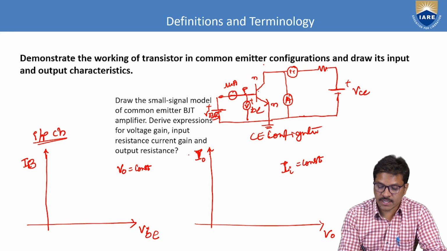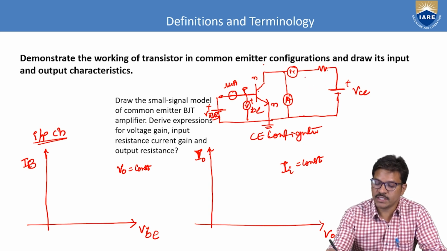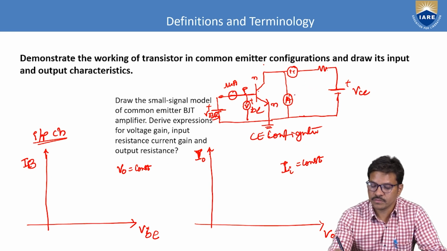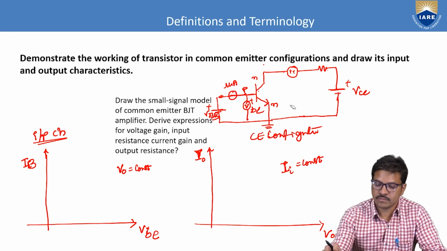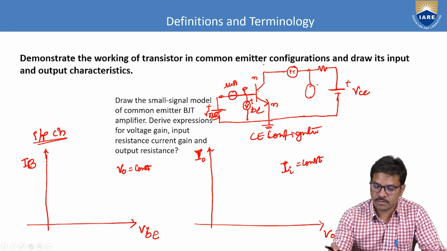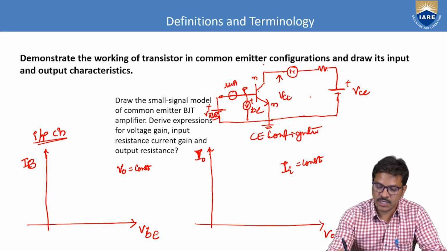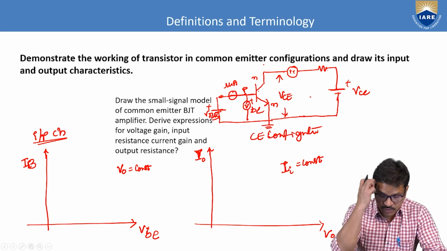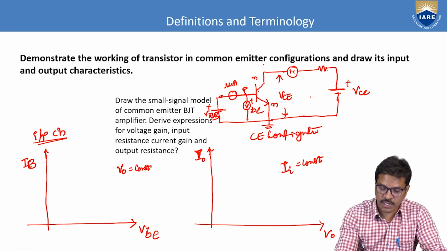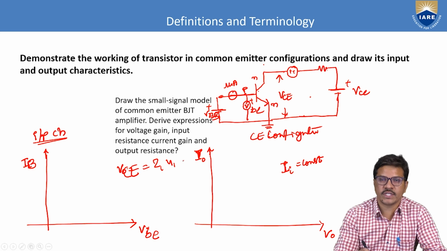And the output voltage is constant, meaning here we can measure VCE. So output voltage constant means VCE is equal to values which vary like 2, 4, 6.